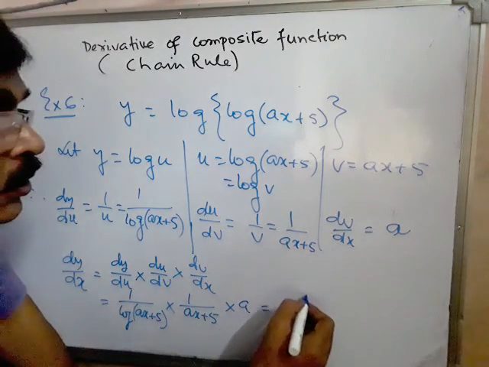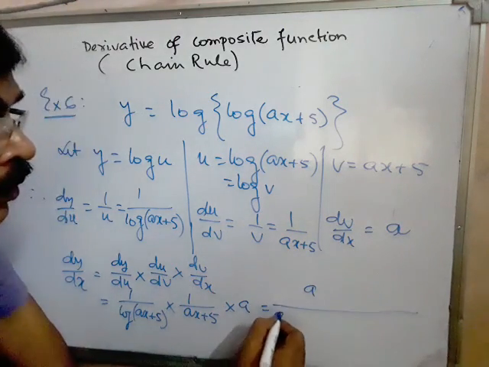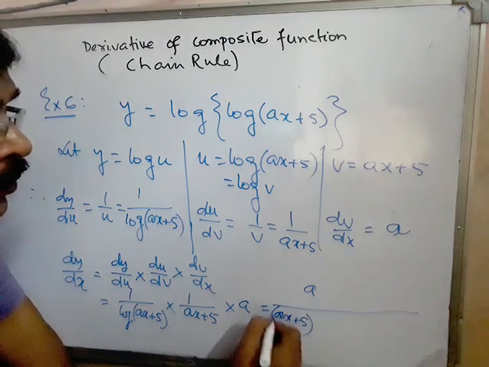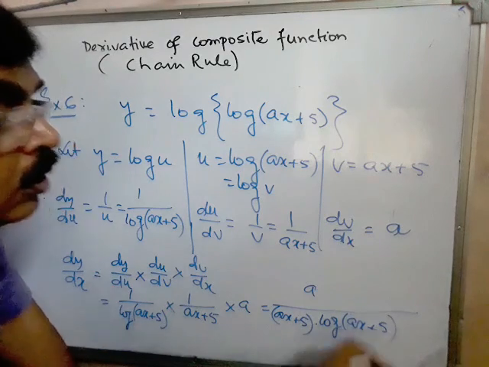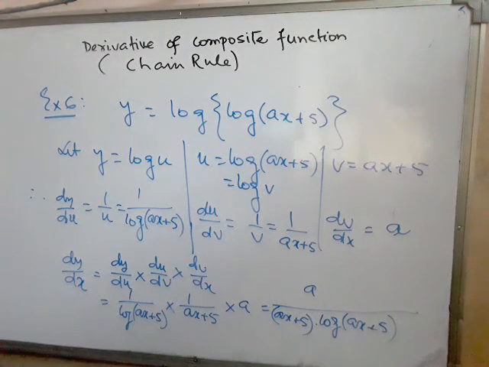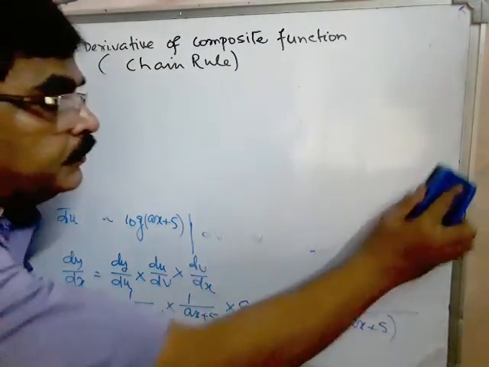So the final answer is a by ax plus 5 into log of ax plus 5. This is the final answer. Example 7.